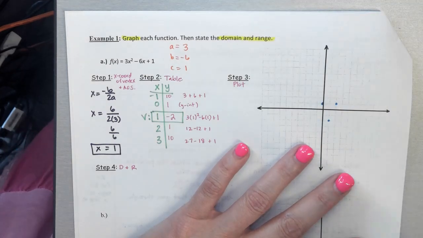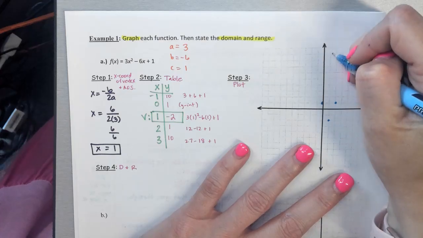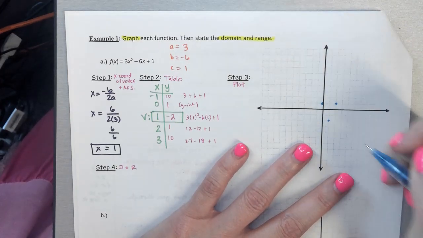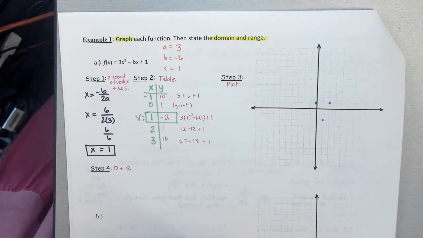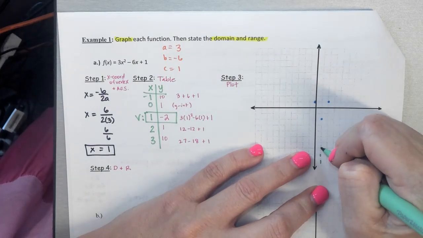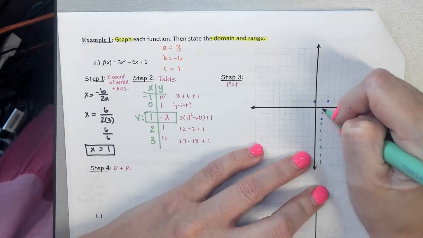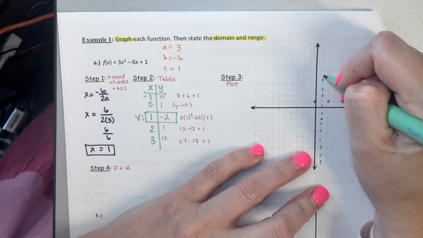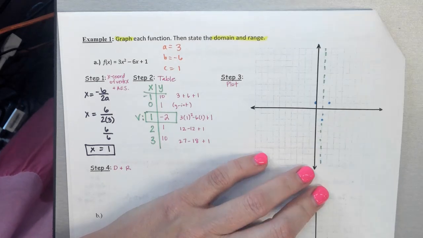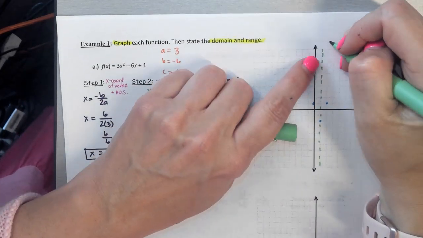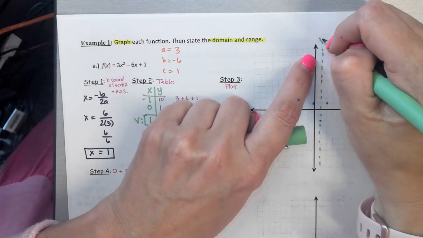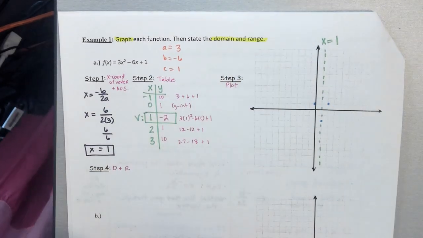And we are going to put in the axis of symmetry. If you want to write that in beforehand, sometimes it's just helpful to see. You are going to label the axis of symmetry on your graph. When you put it on your graph, it is a dashed line. So this is x equals 1.